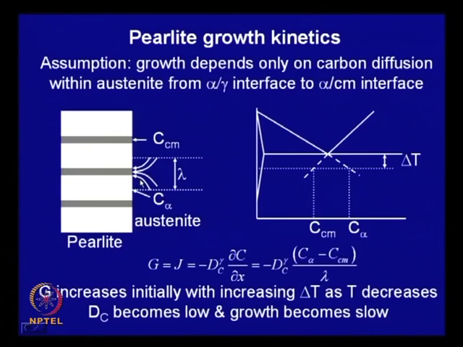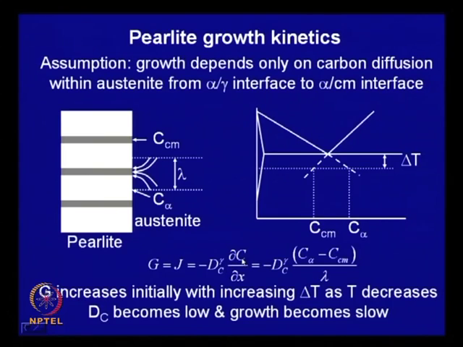Therefore, using the diffusion kinetics, you can find out the flux of carbon atoms which will move towards this, and this will determine the growth rate, that is G dot, which will be proportional to the carbon flux. So, it will be proportional to the diffusivity and proportional to the concentration gradient.